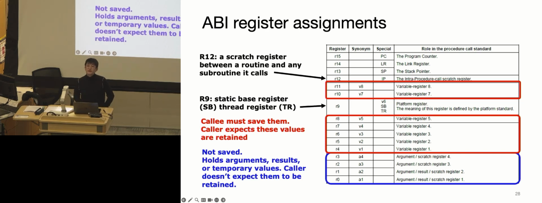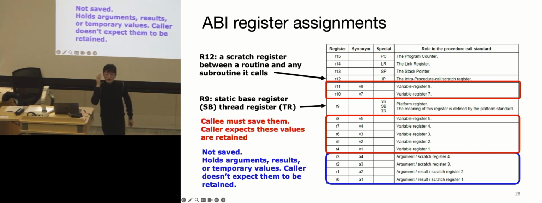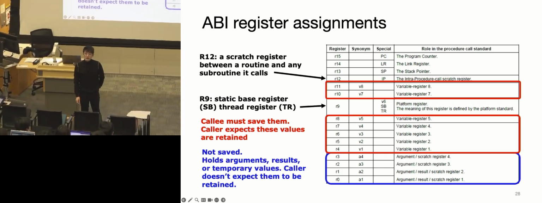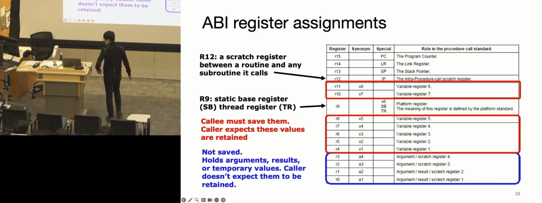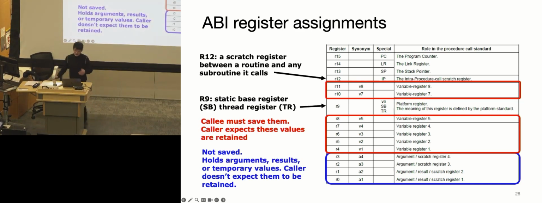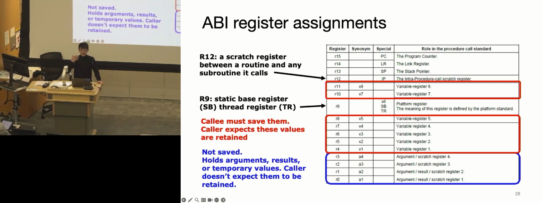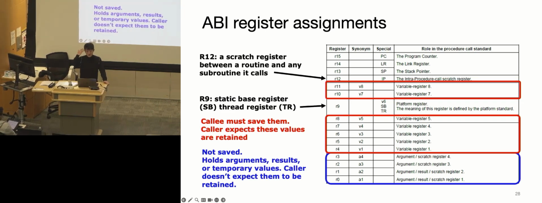Yes. Are registers pushed to the stack in the order that they appear in the instruction, or always in descending order? So if you try to push R5, R4, does it push R5 first? It's always in descending order. So say you have R3 to R0, you push R3, and then you push R2, you push R1, and push R0.